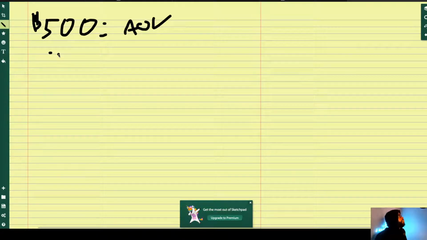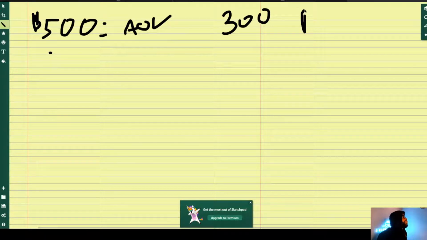Now, from your average order value, you have to figure out how much profit is in that deal for you. So, let's say they're working with 60% profit margins. So, out of a $500 deal, they're walking away with $300 profit. Excuse my writing.